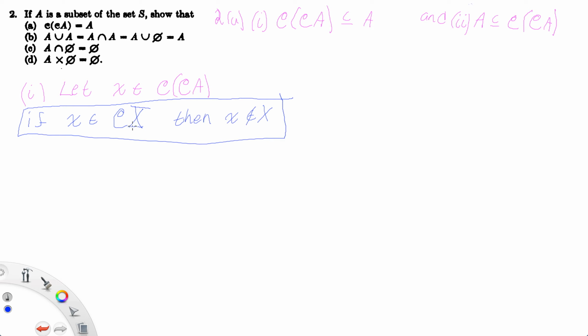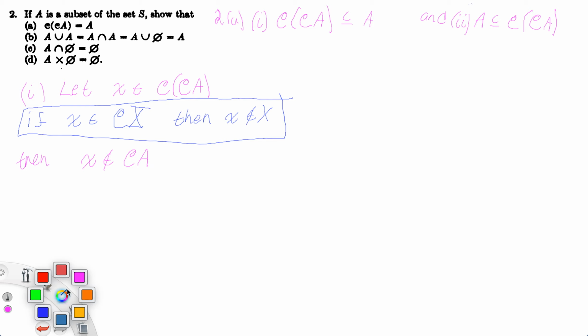The complement of some set X is everything that's not in the set X. So if x is in the complement of X, then it cannot possibly be in X by definition. So if x is in the complement of the complement of A, then x is not in the complement of A.